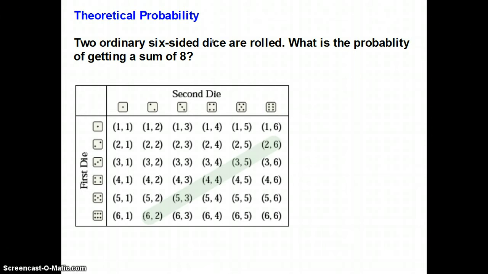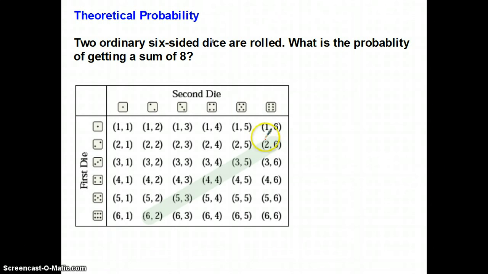Two ordinary 6-sided dice are rolled. What is the probability of getting a sum of 8? So here we have our different possibilities of different sums when we roll 2 dice, a first die and second die. And we have a total of 36 different outcomes.